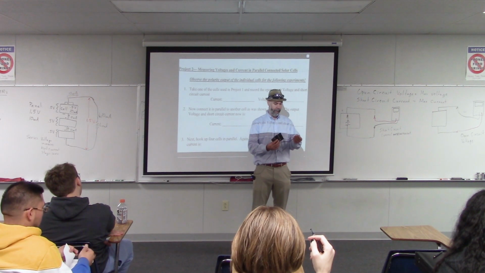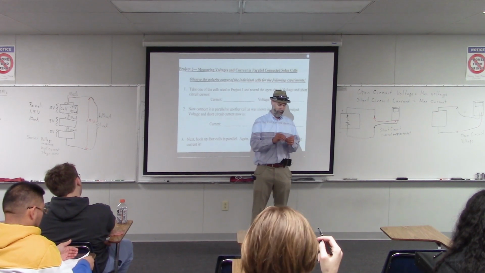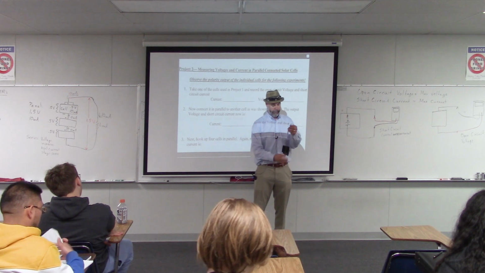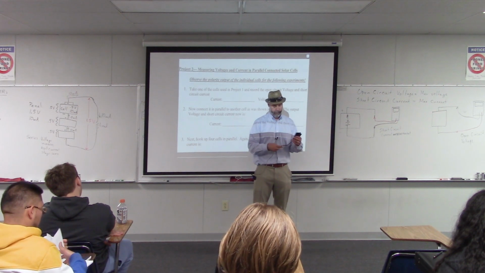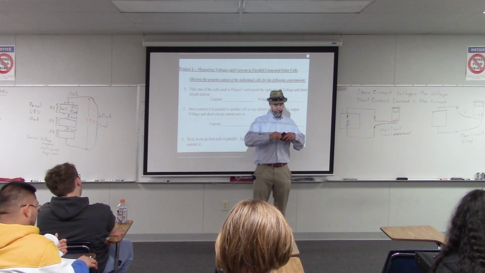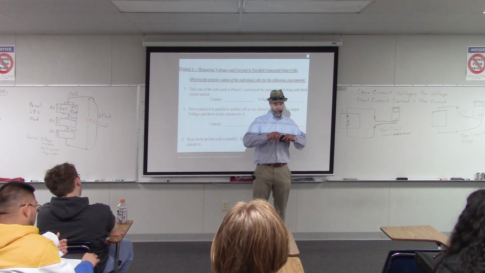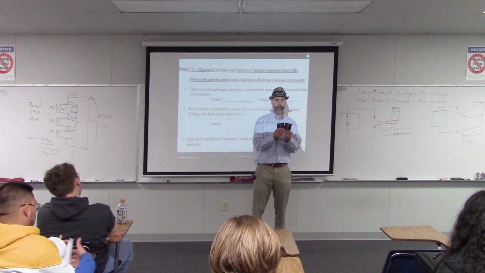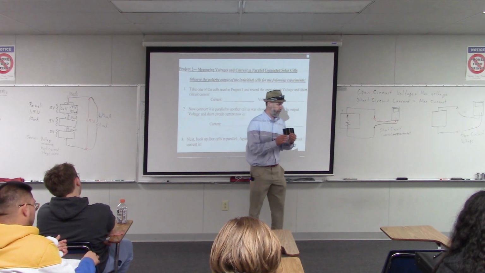So I'm going to take the red wires from both panels and twist them together. I'm going to take the black wires from both panels and twist them together. And now these 2 panels are connected in parallel, okay?